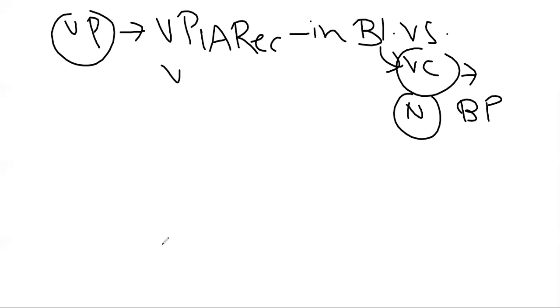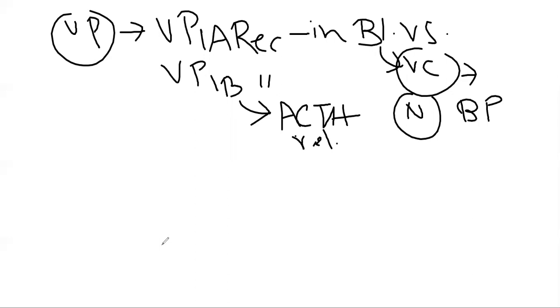This vasopressin can also act on the vasopressin 1B receptor, which is present in the anterior pituitary, from which, by the action of vasopressin, ACTH can be released. So ACTH can be released indirectly by the action of vasopressin from the anterior pituitary gland.